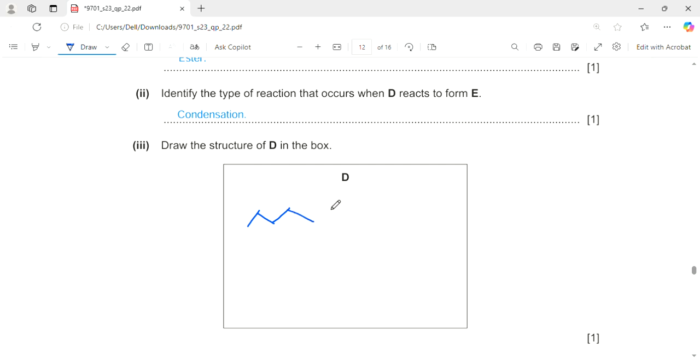Here I am showing you the carboxylic group, and a methyl group, and then the hydroxyl group.